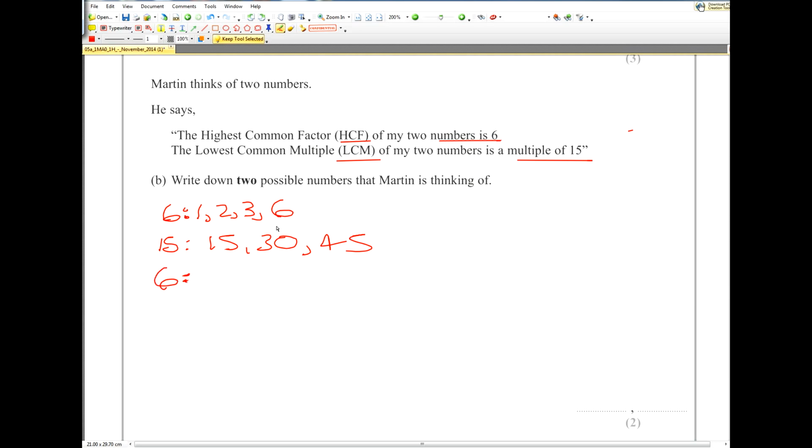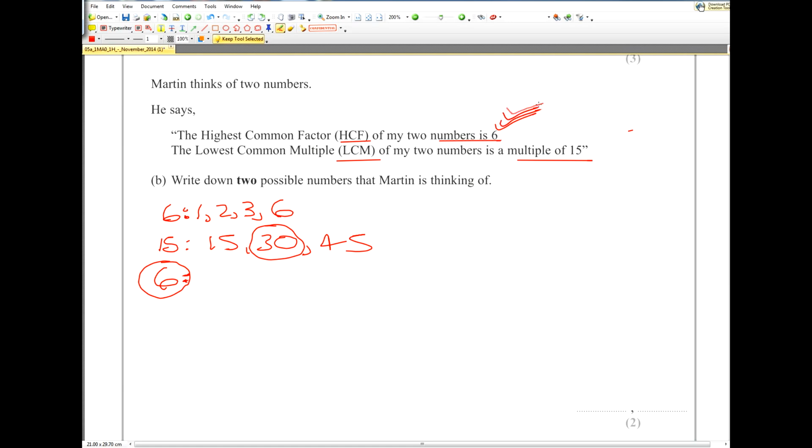Okay, let's have a look. Now if I look at 30, 30 is in the 15 times table, isn't it? And if I look at the number 6, what's the highest common factor of 6 and 30?